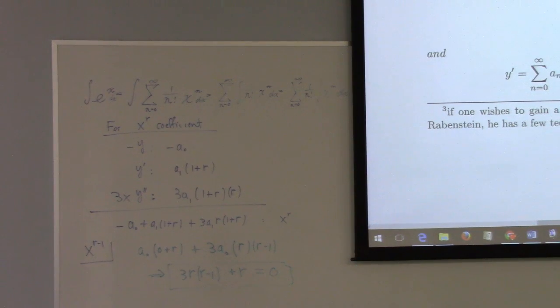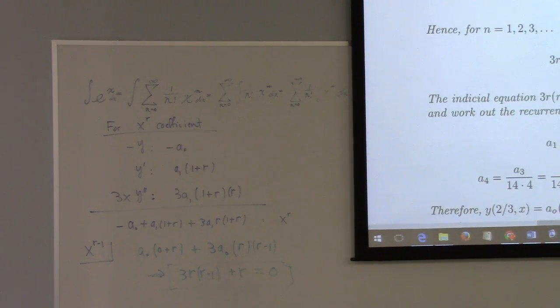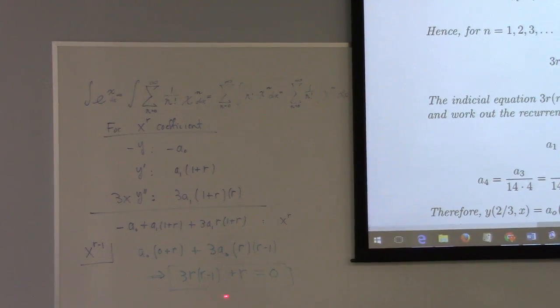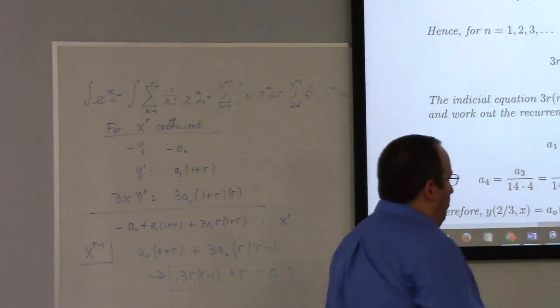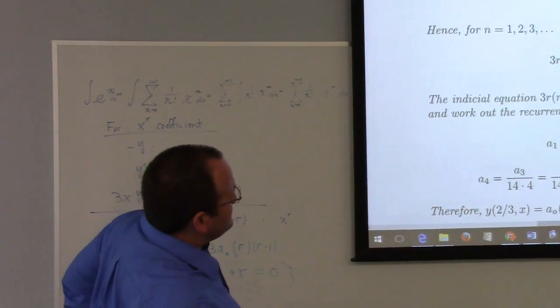Let me go on. So what is r then? All right, so I now believe it. We worked it out, right? 3r times r minus 1 plus r. It's legit. We've reproduced it. And this one, right?